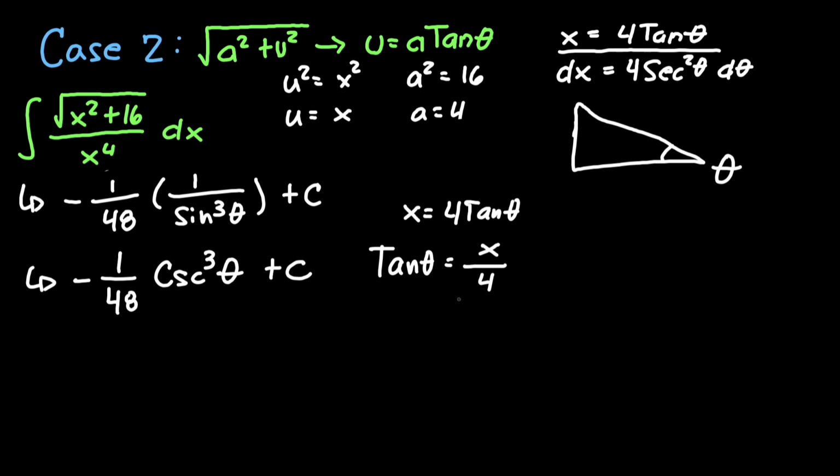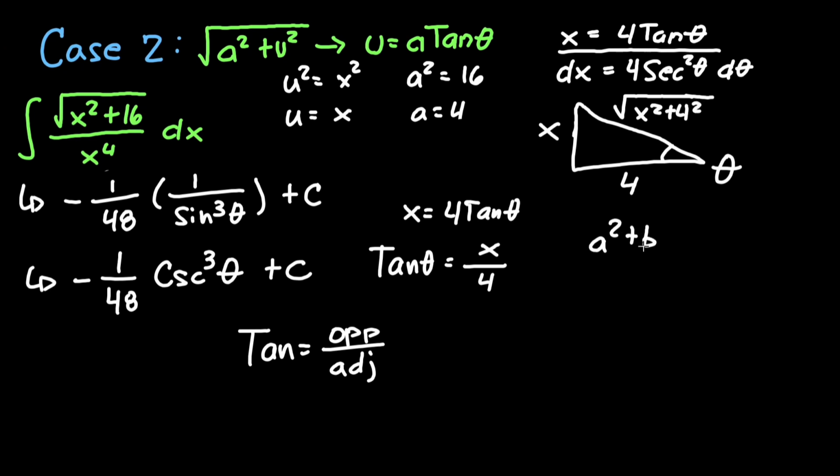Tangent is opposite over adjacent, so opposite right here would be x, adjacent is 4. And so the hypotenuse is equal to the square root of x squared plus 4 squared, because a squared plus b squared equals c squared, or to get the c here, it would be the square root of a squared plus b squared. Just in case you forgot about the Pythagorean theorem.